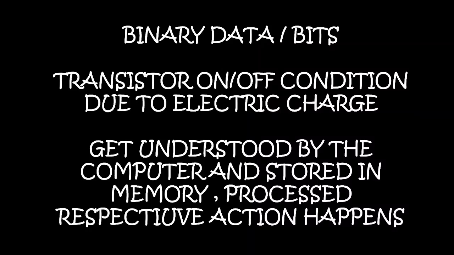For today's session, we have learned that binary data or bits are nothing but the transistor on off condition, which is due to the electric charge supply provided as per the data recording purpose. These binary bits or data get understood by the computer, and the computer stores this in memory and processes it with instructions to generate a respective action or output.